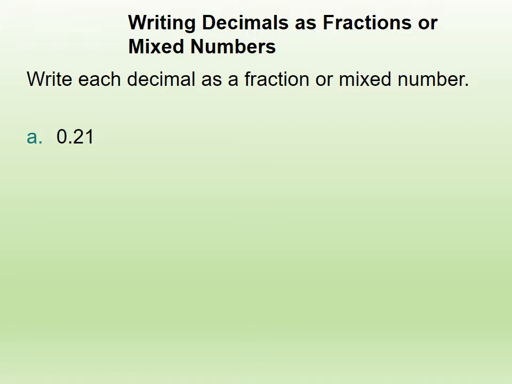Write each decimal as a fraction or mixed number. In this case, how do you know if you're going to have a mixed number or a fraction? Well, if you don't have a whole, you're not going to have a mixed number. You're just going to have a fraction. So 0.21 is the same as 21/100.